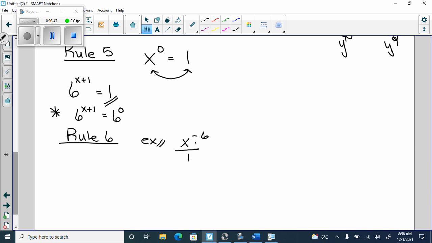If you move something from the numerator to the denominator, it becomes positive. If you move a negative from the denominator to the numerator, it becomes positive. So when I move this to the denominator, I'm going to have x to the 6 in the denominator, and then I'm going to have a 1 in the numerator. Exactly.